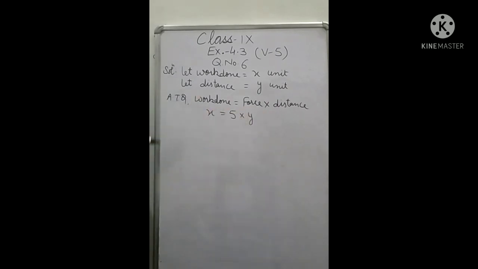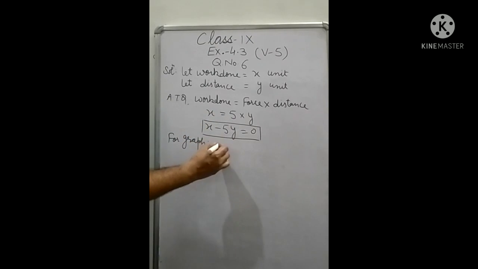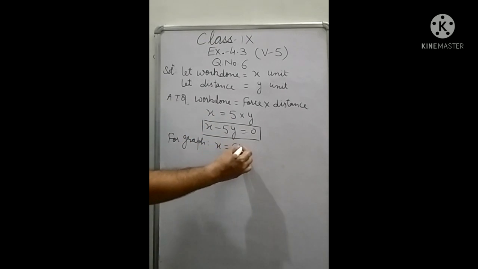If we have to convert it into standard form, this can be written as x minus 5y is equal to 0. This is the standard equation. And for the graph we will take this. Now for the graph we will take the equation as x is equal to 5y.